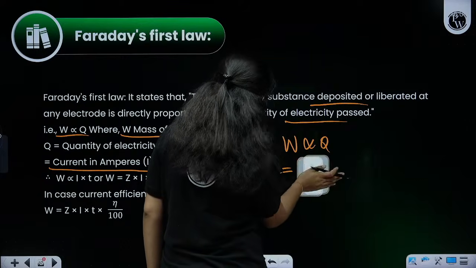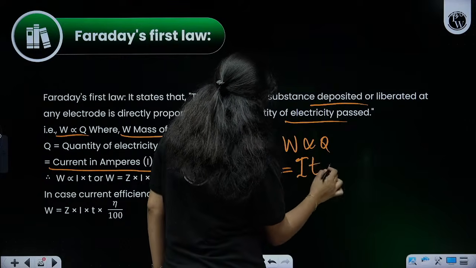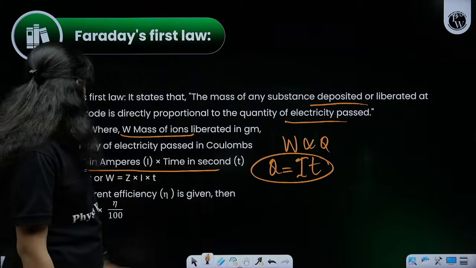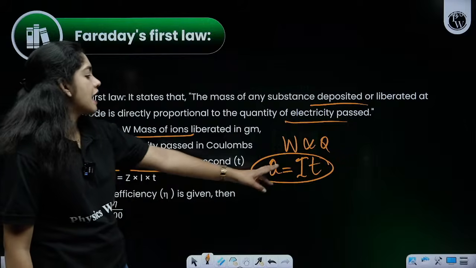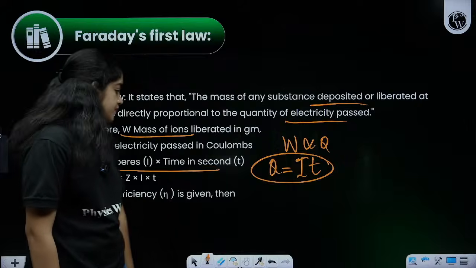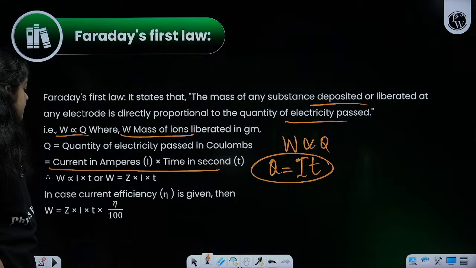This is the equation for charge. Learn the equation. Q equal to what? The quantity of electricity in coulombs, that is I into T. I is the current and T is the time in second.